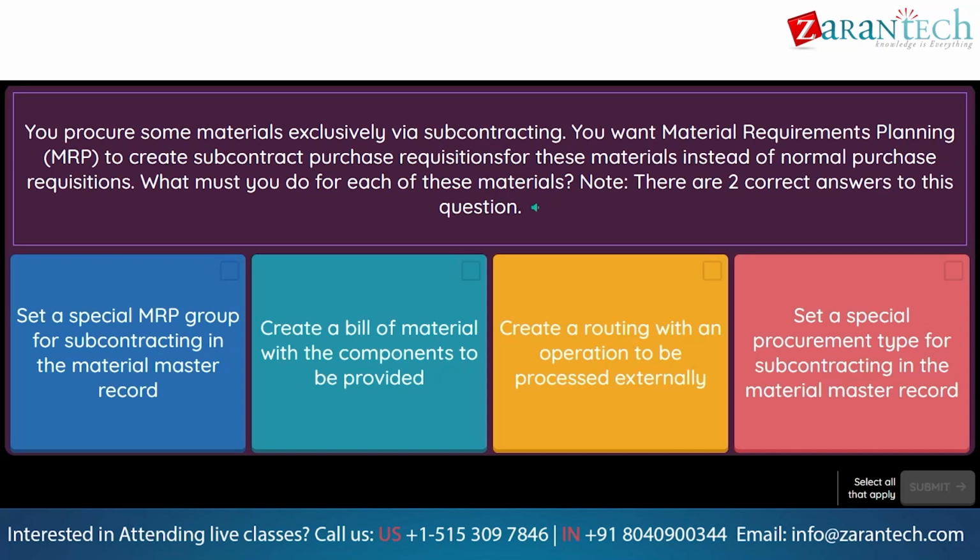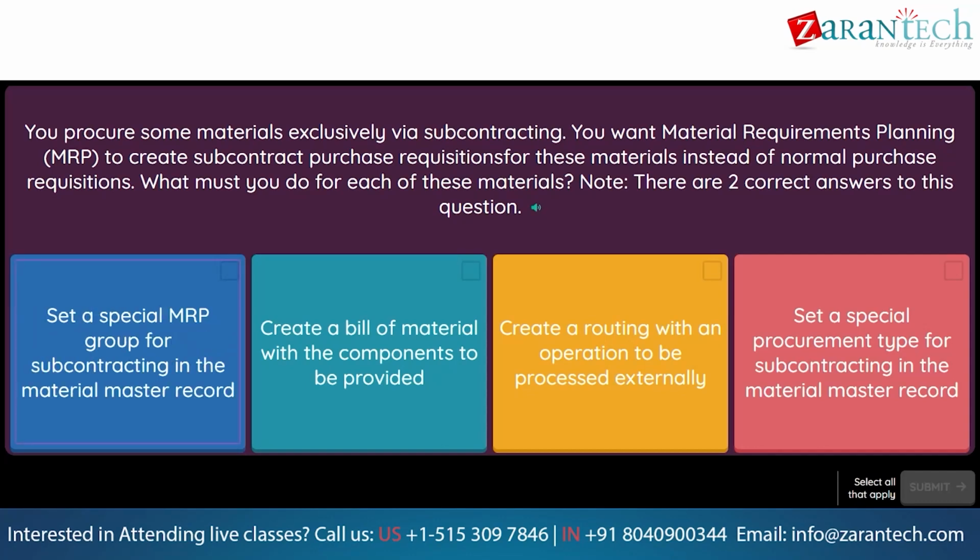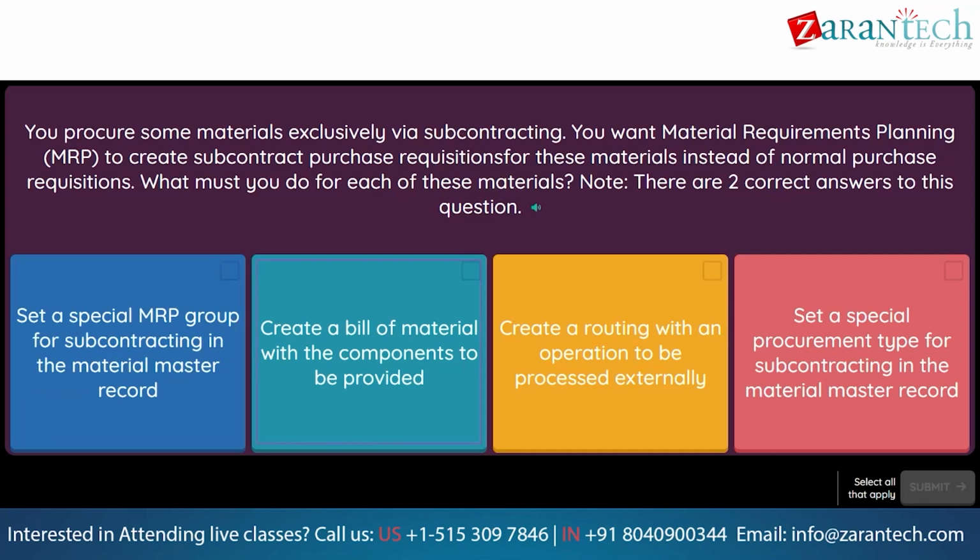Note, there are two correct answers to this question. Option 1, set a special MRP group for subcontracting in the material master record. Option 2, create a bill of material with the components to be provided. Option 3, create a routing with an operation to be processed externally. Option 4, set a special procurement type for subcontracting in the material master record.